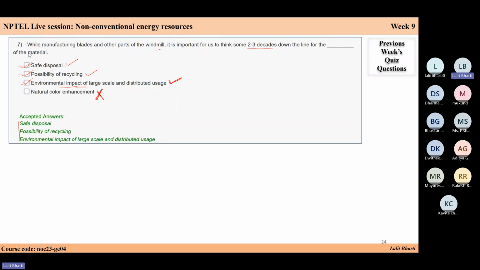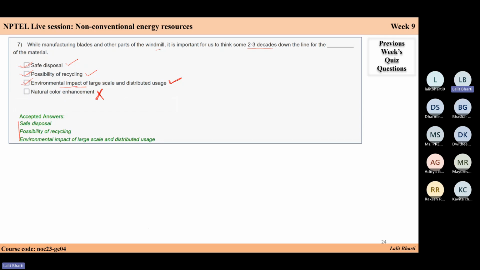The blades or the metal should be safe to dispose of, because after 2-3 decades, when the lifespan of a windmill completes, you need to replace those. So you need to look at the recycling of the blade material. The possibility of recycling needs to be considered, and safe disposal of parts which cannot be recycled is also a criterion, as is the overall environmental impact of the large scale and distributed uses.